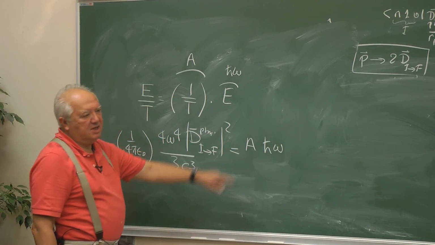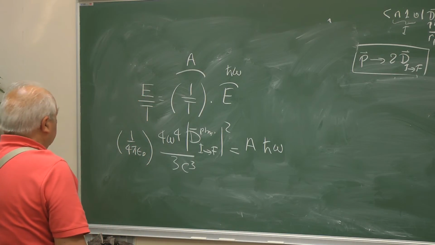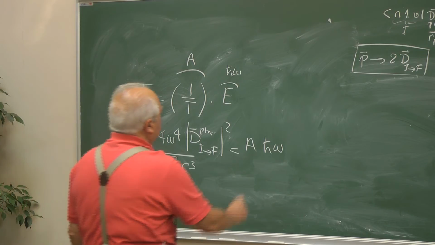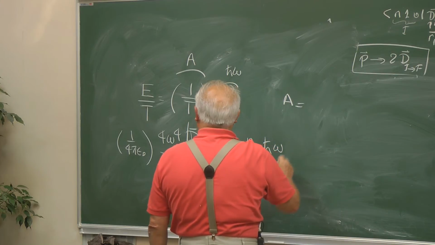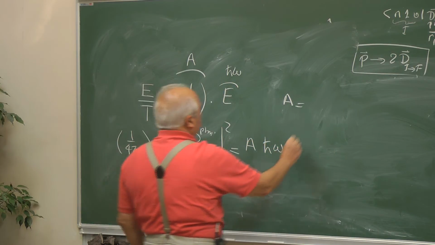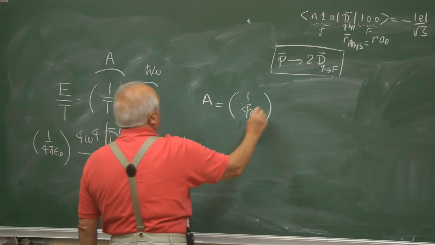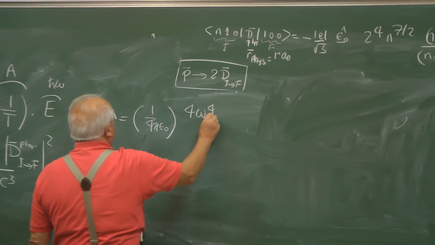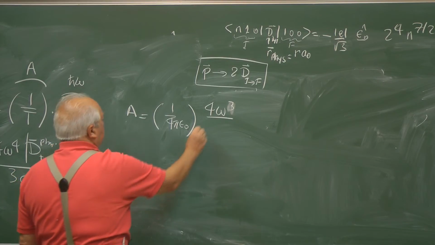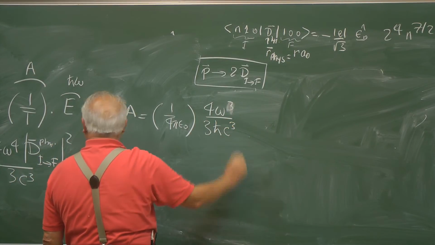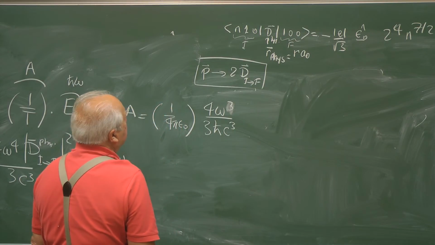This is the Einstein coefficient of spontaneous emission. So A is equal to, one of the omegas cancels, so it is 1 over 4 pi epsilon 0 times 4 omega cubed over 3 h bar c cubed times d physical square.